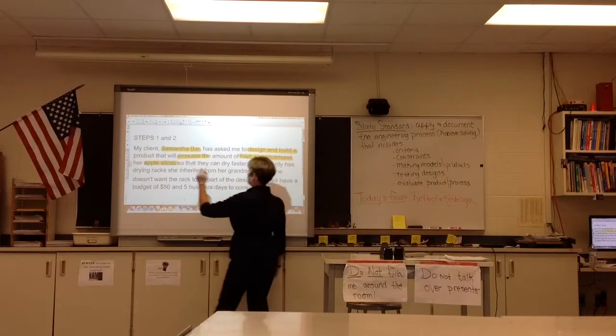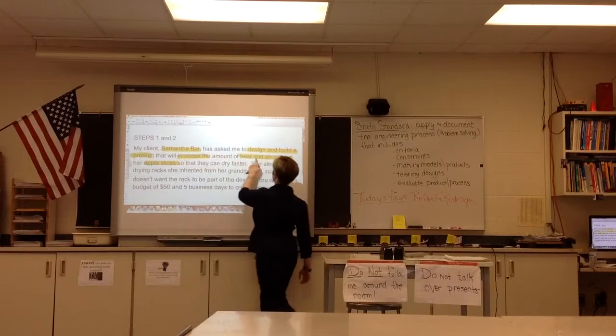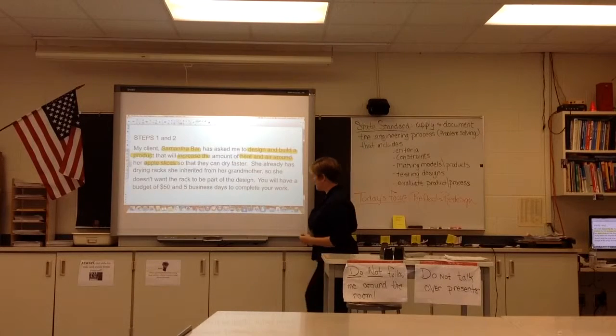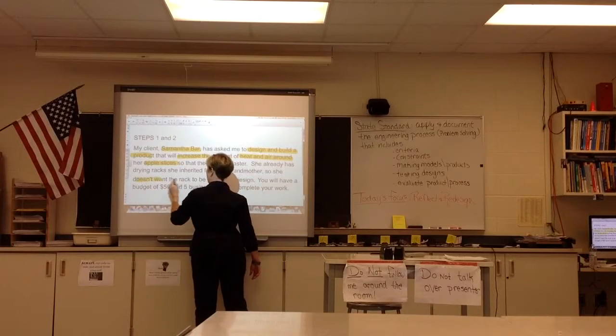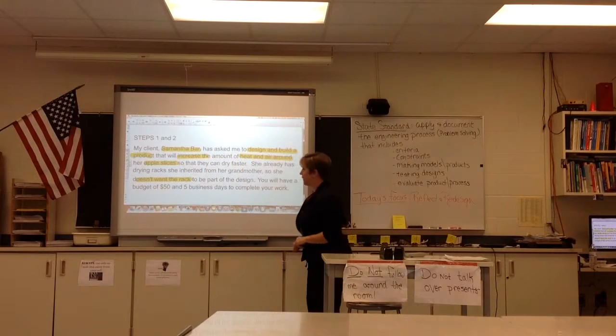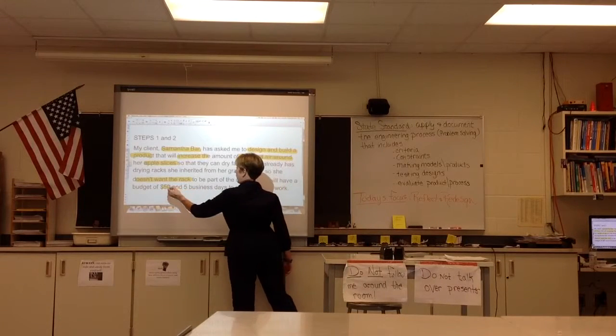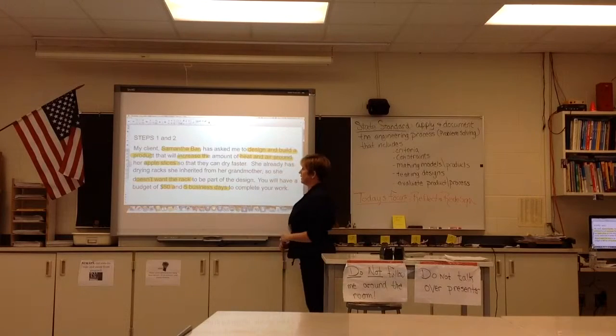So she wants us to design and build a product that will increase heat and air around her apple slices. Okay, I think we can put those together. She already has drying racks she inherited, so she doesn't want the rack to be part of the design. I want to make sure I remember that. I'll probably write it under criteria, but it is a constraint. We have a budget of $50 and 5 business days.